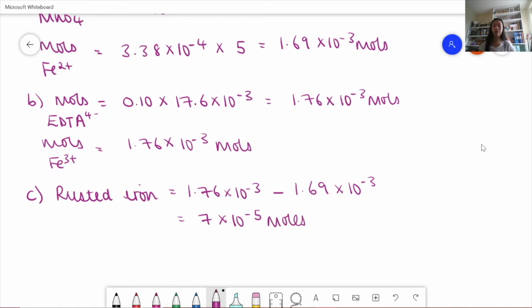And we also know the amount of unrusted iron, because that's just the amount of Fe2+ ions that we had. So unrusted iron is equal to the 1.69 times 10 to the minus 3 moles. And so now we can work out the ratio.